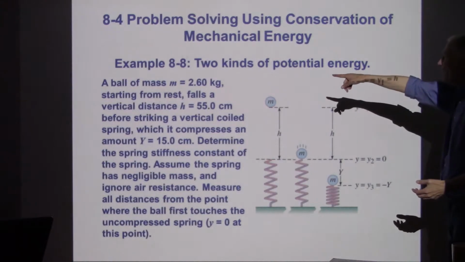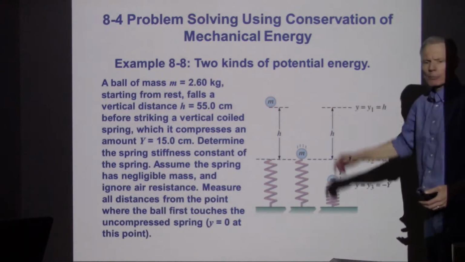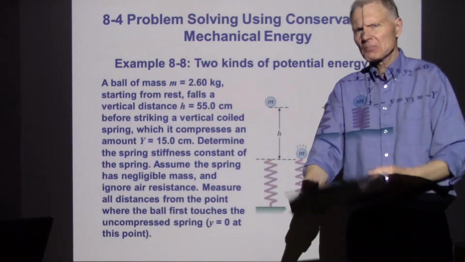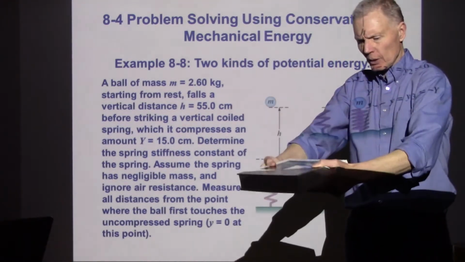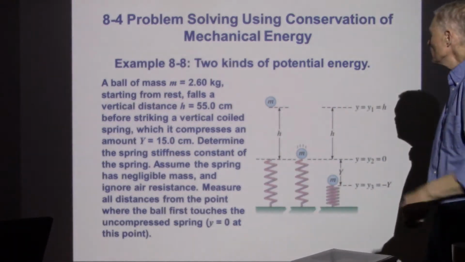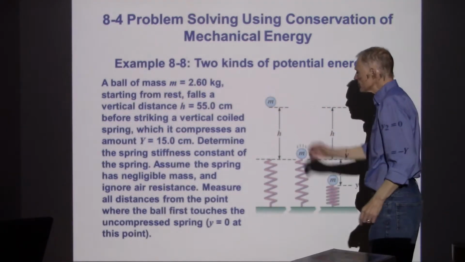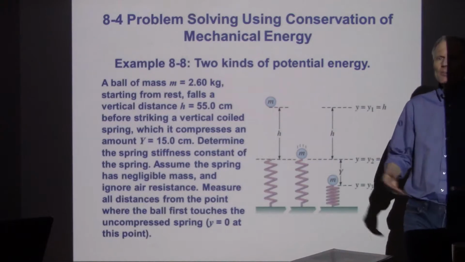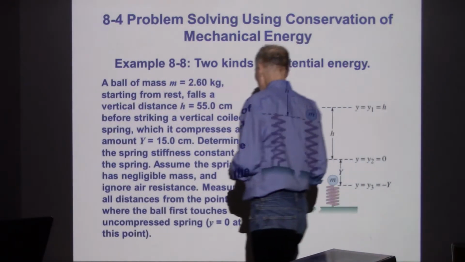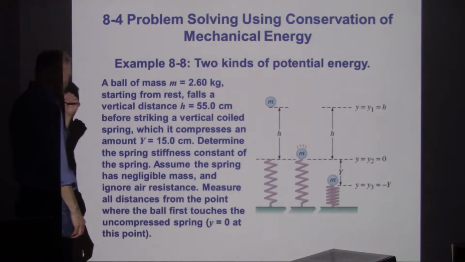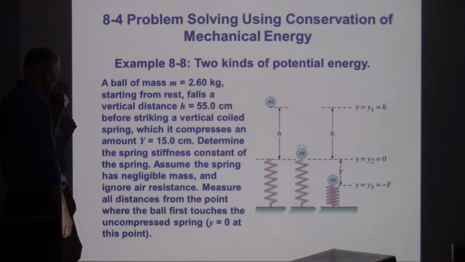The mass of this is 2.6 kilograms, which I'm guessing is about the mass of our textbook. So if I drop the textbook onto a spring from 55 centimeters and it compresses 15, how stiff is that spring? So let's get some numbers and find the stiffness of the spring.